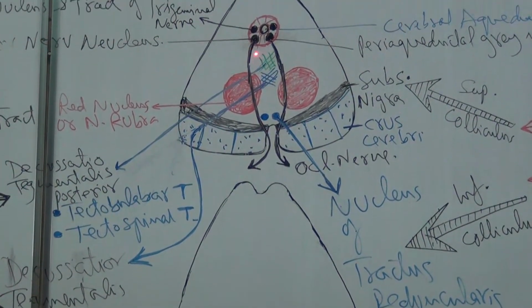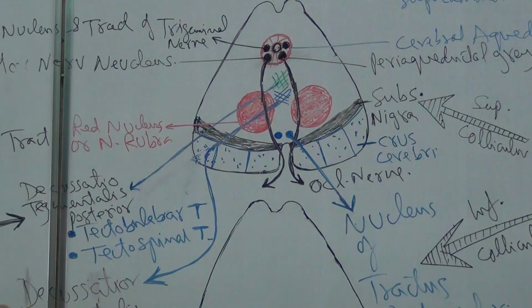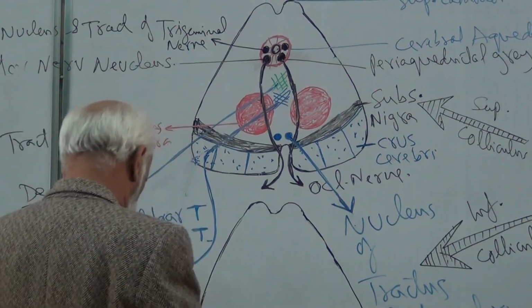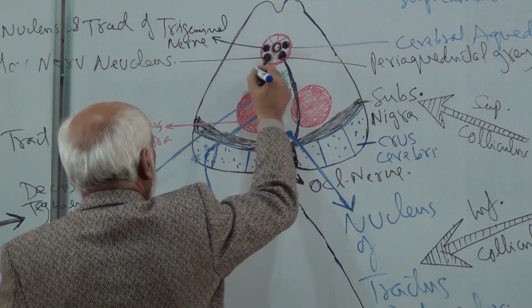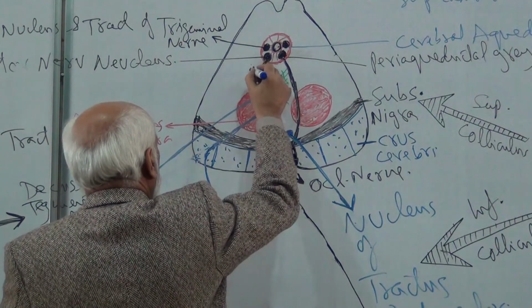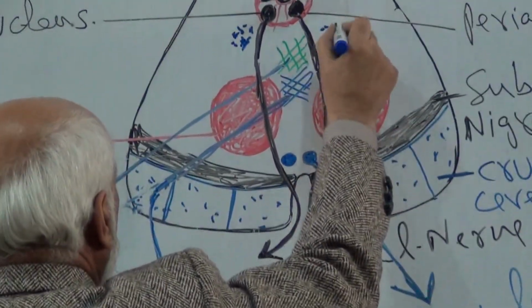Then anterolateral to the central gray matter, here there is the medial longitudinal fasciculus on each side.